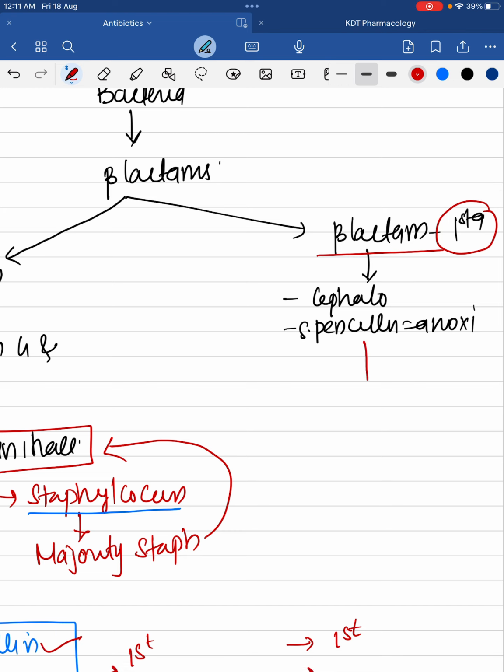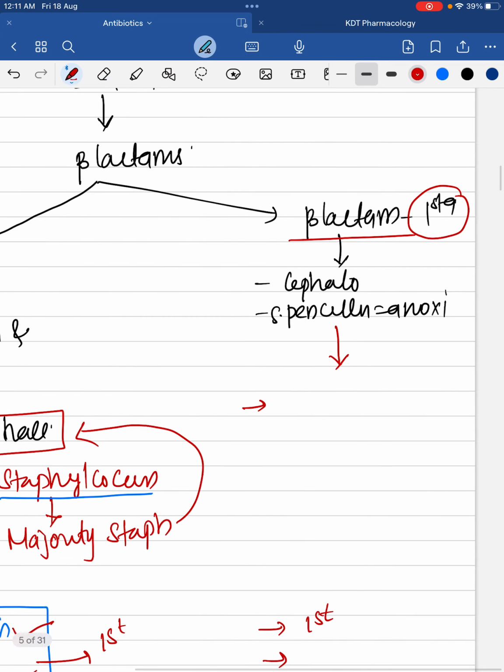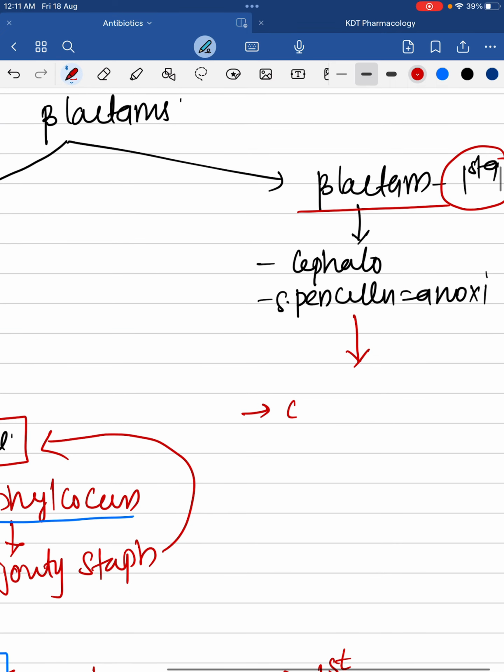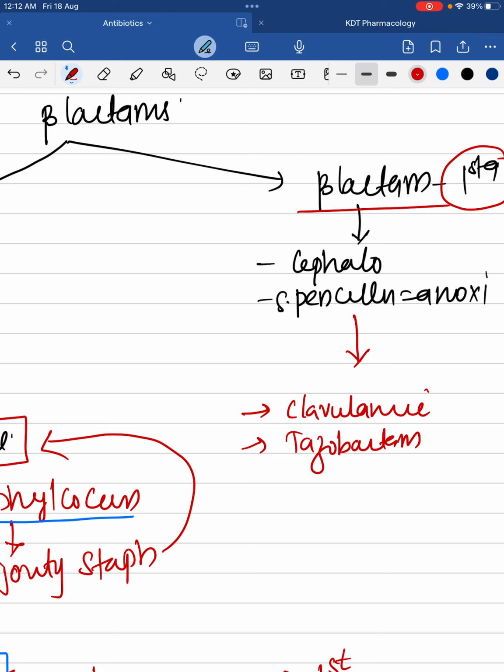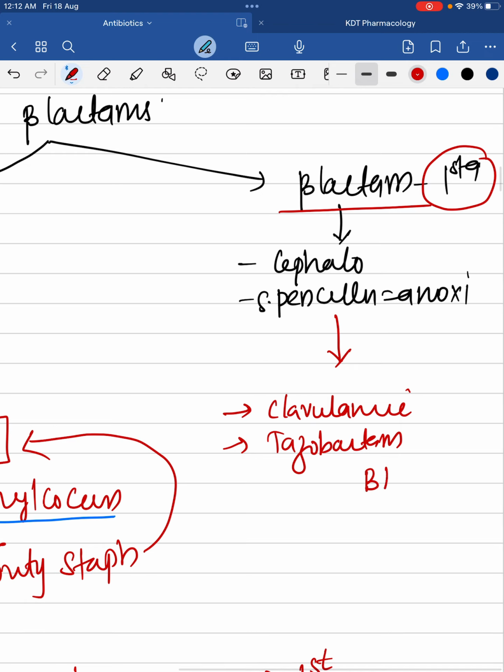To overcome them, what did we introduce? To overcome the beta lactamase, we introduced chemicals which inhibit the beta lactamase, like clavulanic acid and tazobactam. They are called beta lactamase inhibitors.